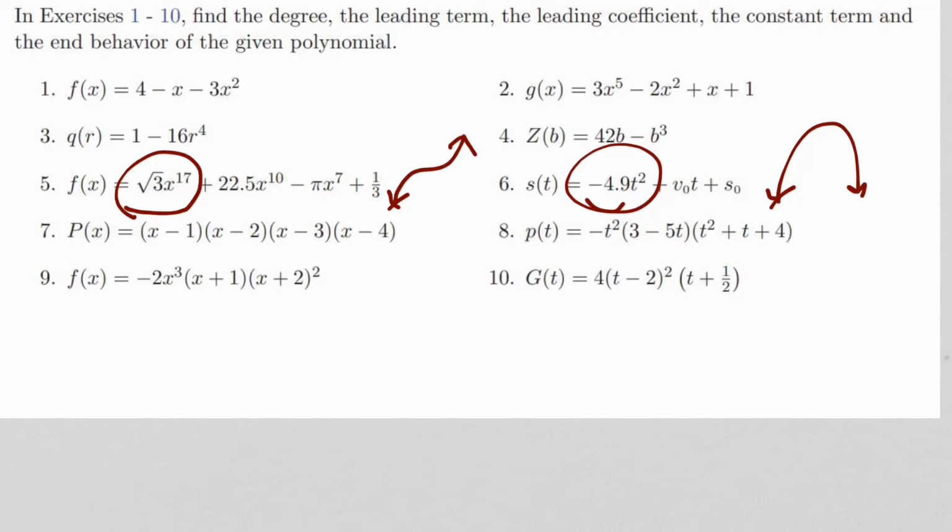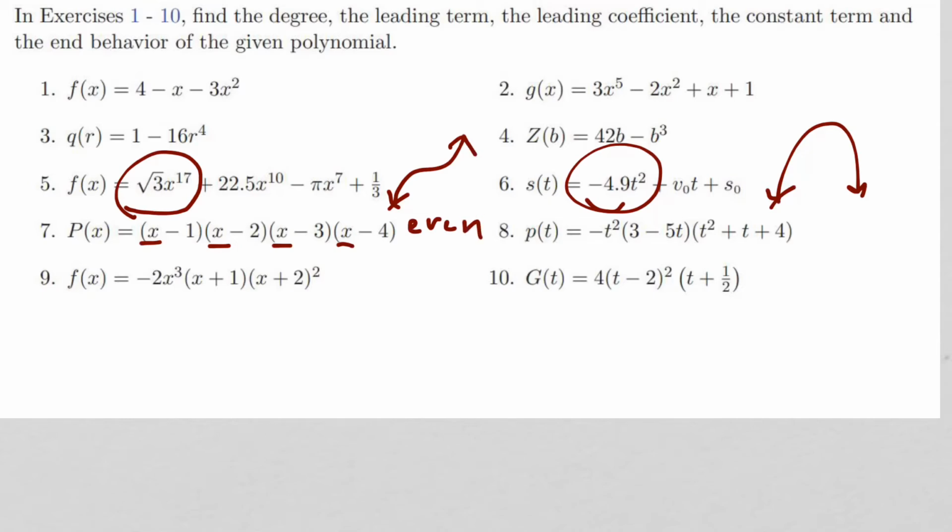Now if I look at number 7, I've got an x to the 1, 2, 3, 4. We're going to use that idea I spoke of, that you don't have to multiply the whole thing out to determine what your first and last term are. We're talking about end behavior, so we only care about our leading coefficient and our highest degree. This is degree 4, so that's even.